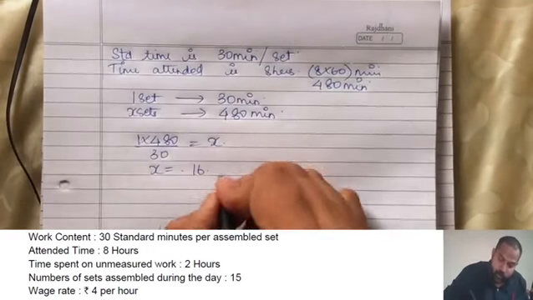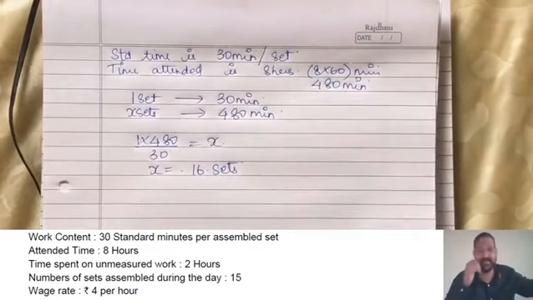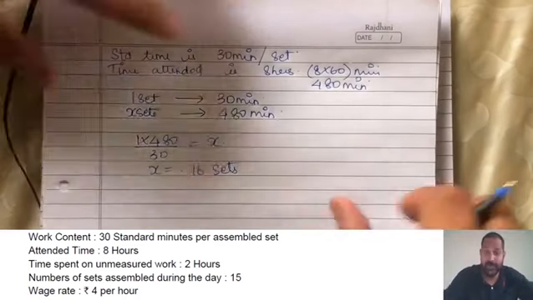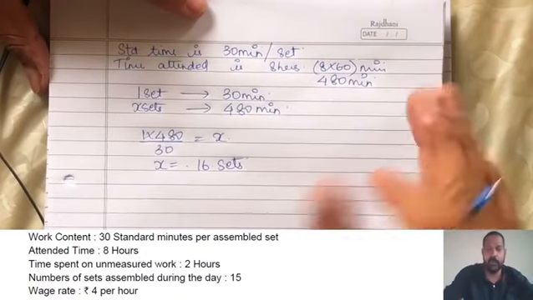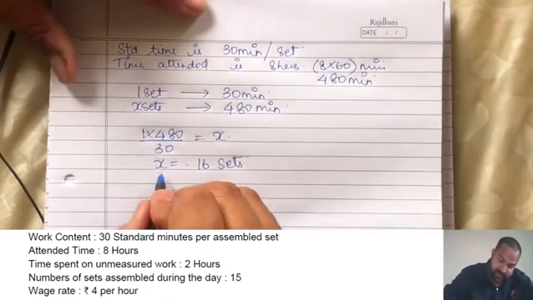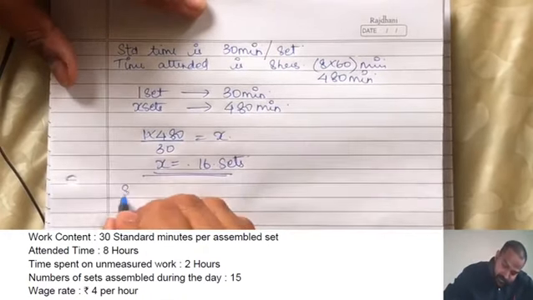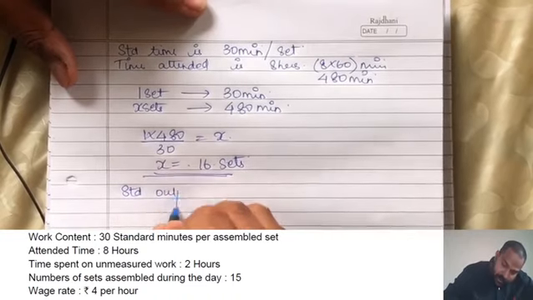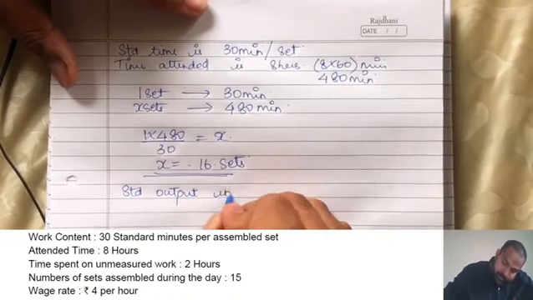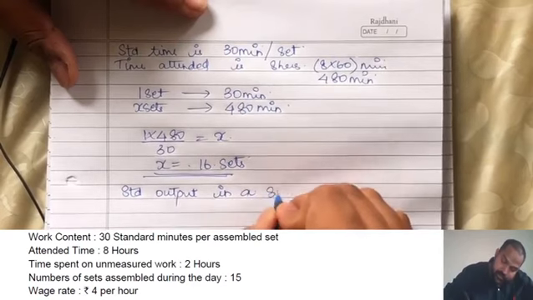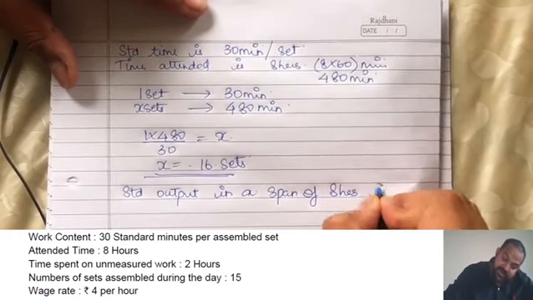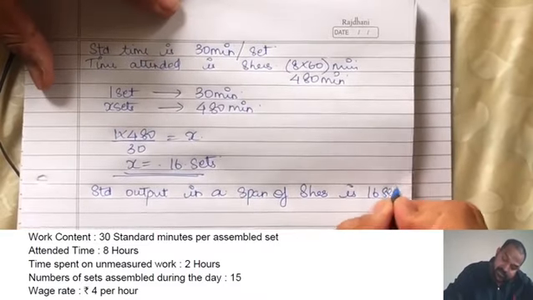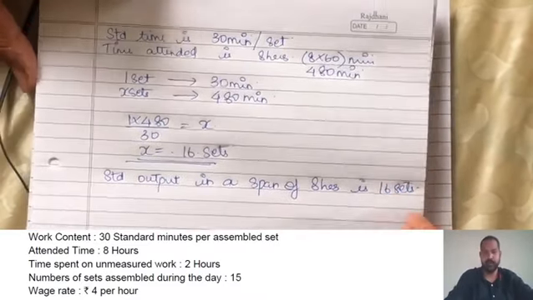So the standard output should be 16 sets. You should be able to put together a minimum of 16 sets because that is my standard. So standard output in a span of 8 hours is 16 sets.